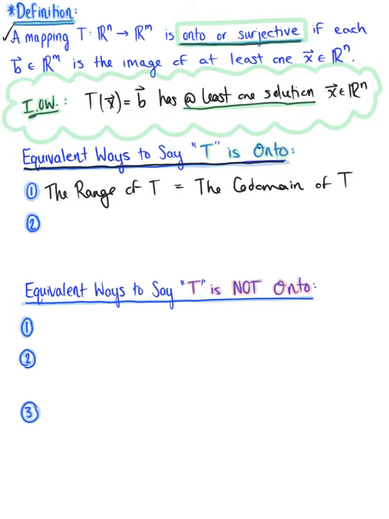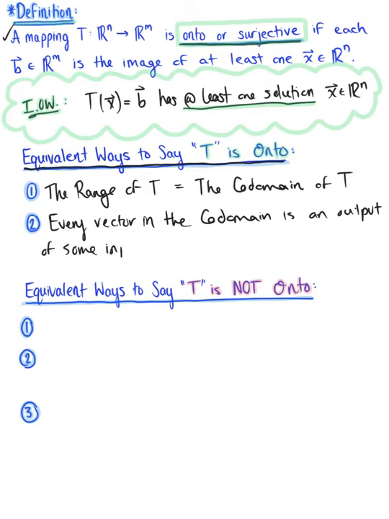With this in mind, we can say that every vector in the codomain is an output of some input vector x in Rn, or in the domain.